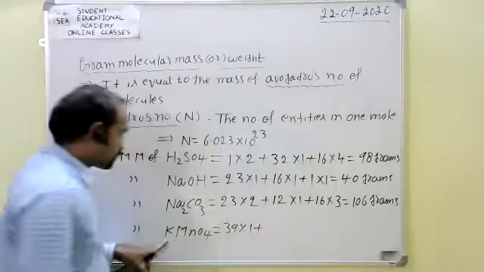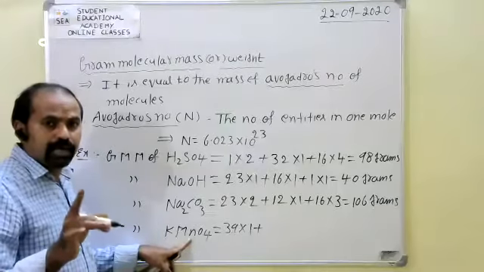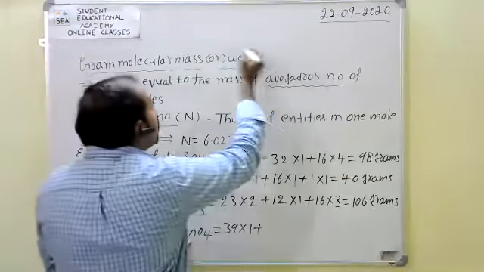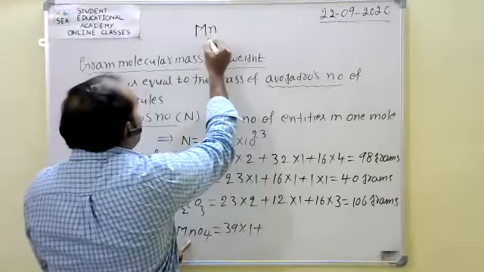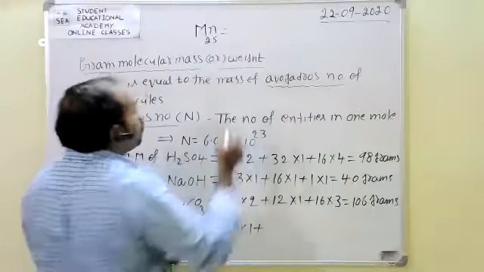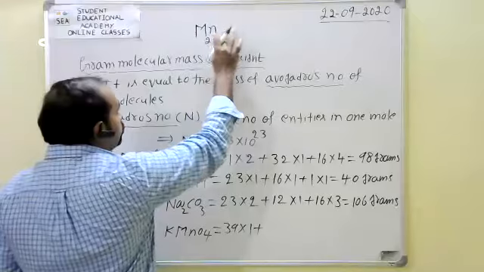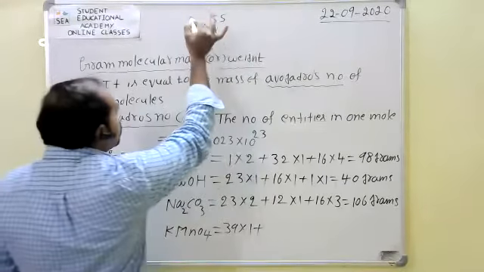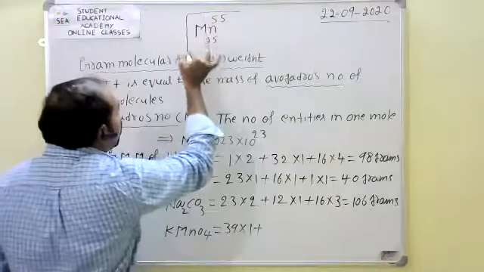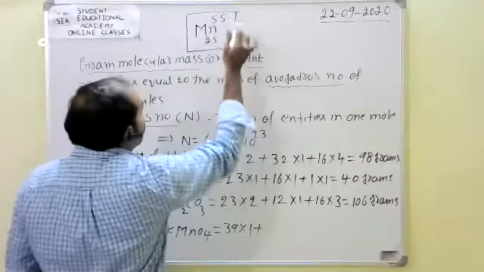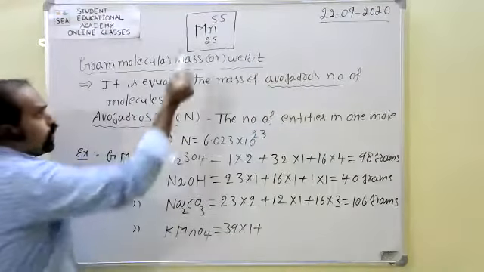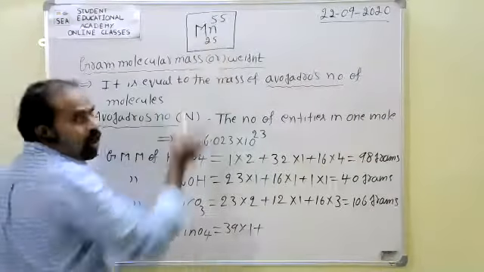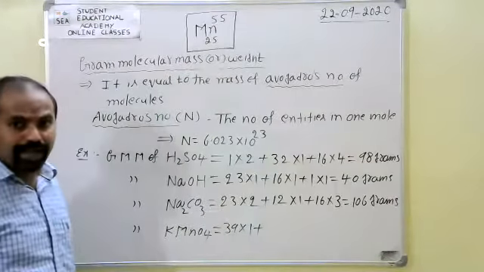Plus manganese, Mn. Here manganese atomic weight is 55. Manganese atomic number is 25 and its atomic mass is 55. So 25 is the atomic number of manganese, and 55 is the atomic mass of manganese.